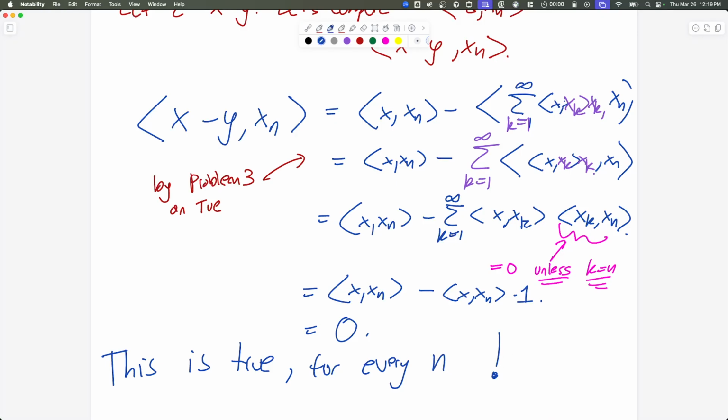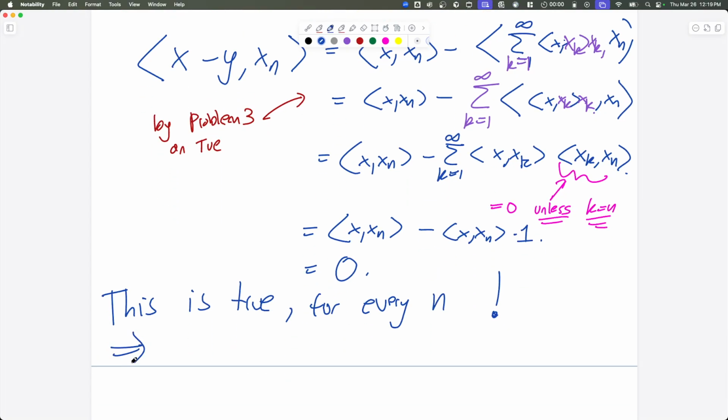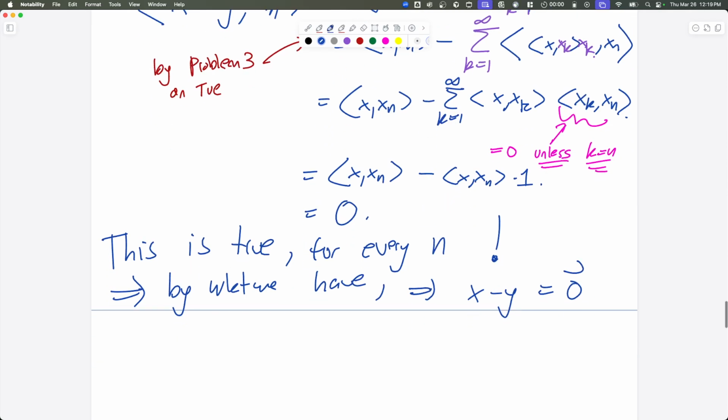Okay, and therefore, by the machine we have, if you have a vector whose inner product with xn is always 0, that vector must be the 0 vector. Therefore, x minus y is the 0 vector, and if x minus y is the 0 vector, therefore y equals x.